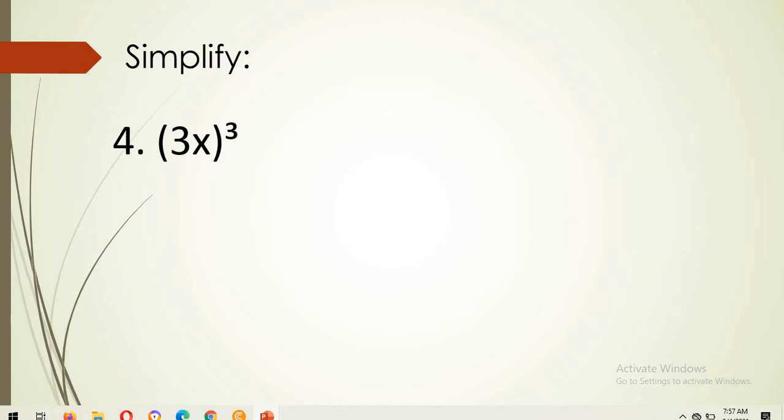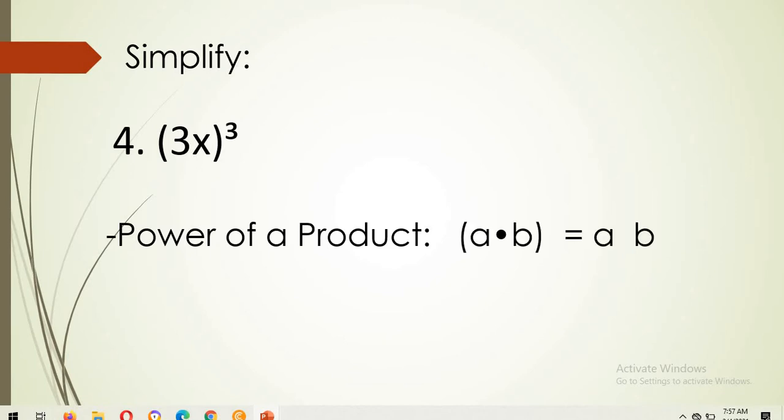Next is quantity 3x raised to cube. So, we will apply the power of a product. Now, this time, you do have two different variable, which is 3 and x. Magkaiba sila. So, ang gagawin mo is i-distribute mo yung exponent mo, which is yung cube. So, just copy the base, then i-distribute mo lang sa bawat variable yung exponent.